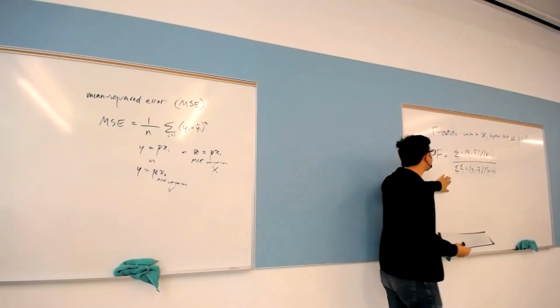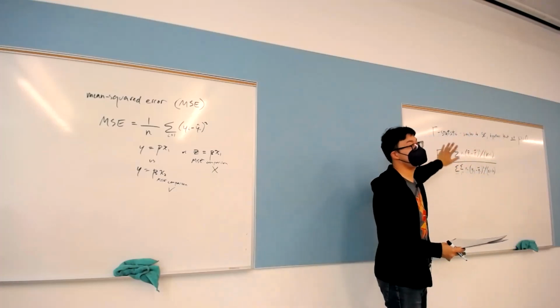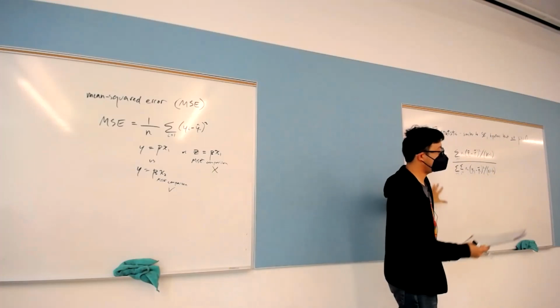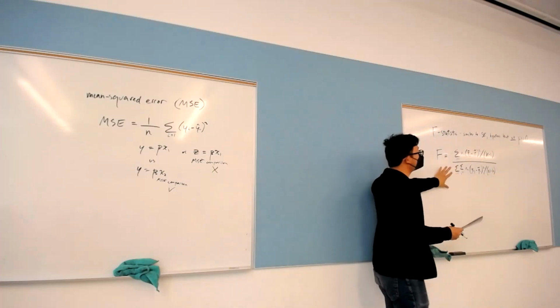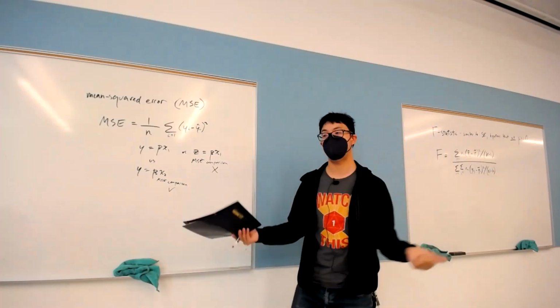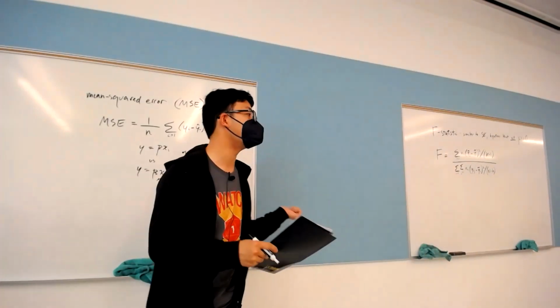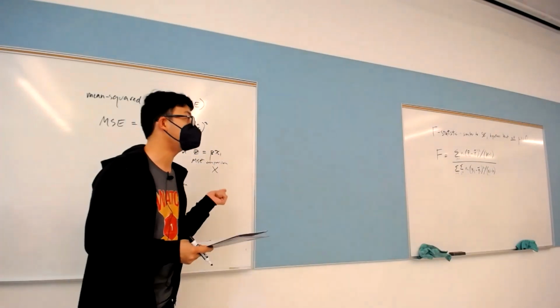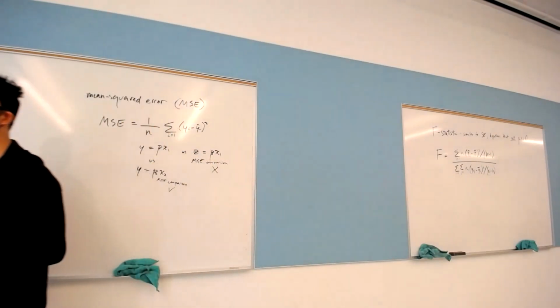Okay, so that's what the F stat is. Again, this is just for reference. You don't need to worry about manually calculating this. And then we'll talk a little bit more about the F statistic later on in the class for purposes of doing things like model selection, which will be coming in a couple lectures, I think.